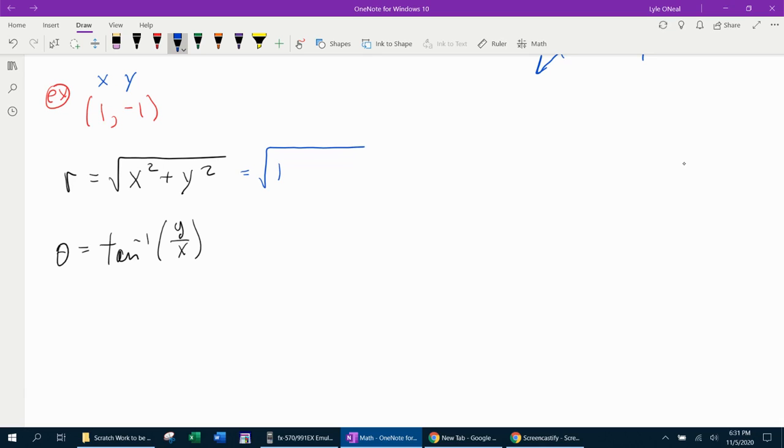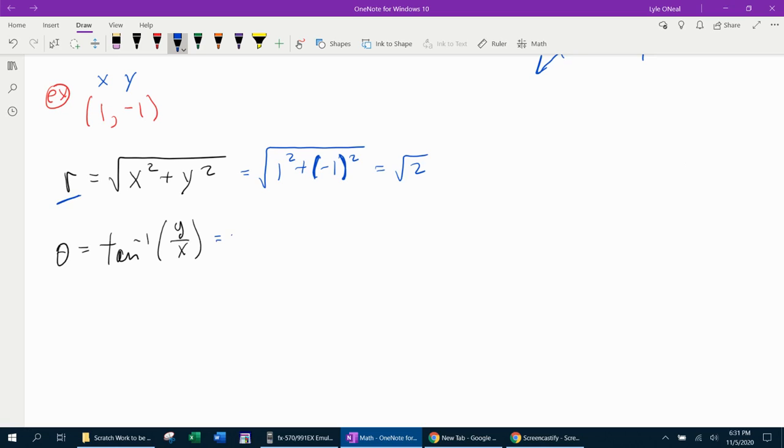And all we need to do now is plug and play. So we're going to have the square root of 1 squared plus negative 1 squared. Please remember that these parentheses are necessary. And that's going to work out to be the square root of 2, which is the exact value. So I'm going to leave that in radical form instead of giving a decimal approximation. Square root of 2, that's my radius.